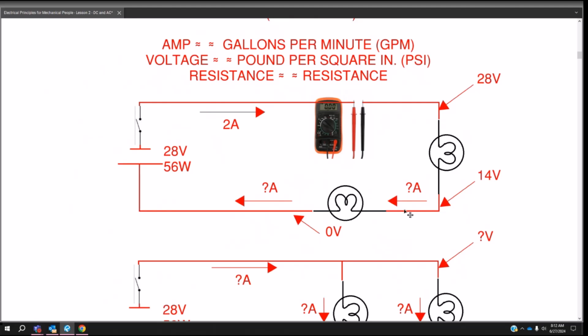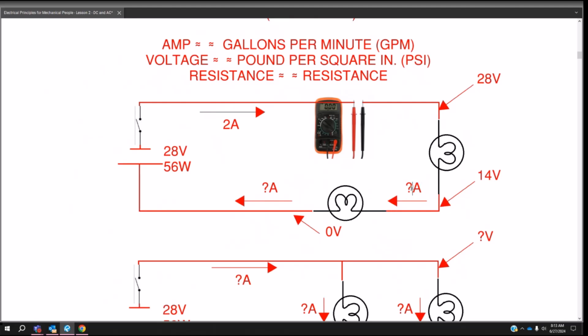All right. So if we got 2 amps going down this conductor and through this lamp, how many amps have we got coming out on this part of the conductor? It's just like water flow. Remember, if we have water flowing through a hose and through a valve that's half closed, with two gallons per minute coming through at 28 psi, are we still going to have the same gallons per minute coming out, just at a lower pressure?